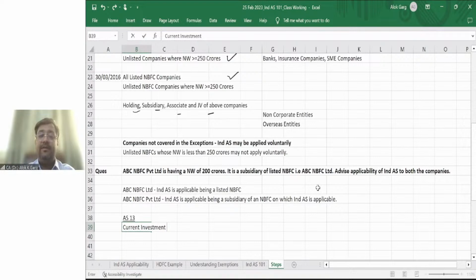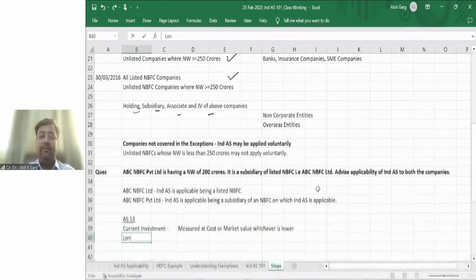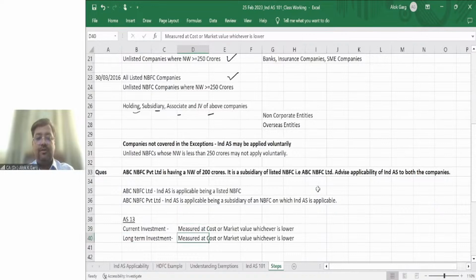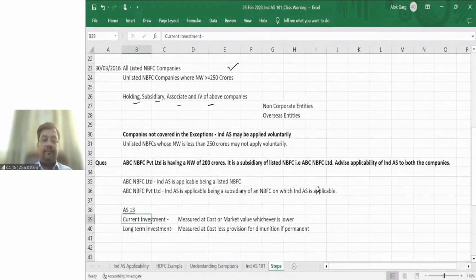Current investment has to be measured at cost or market value, whichever is lower. Long-term investment is measured at cost less provision for diminution, if permanent, other than temporary or permanent. This is the rule for AS 13.